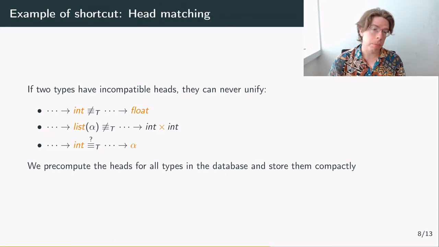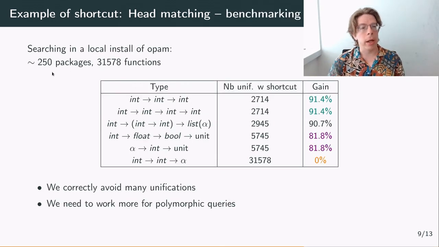And we can do so because if two heads are not compatible, then the types will never unify. So we can pre-compute the heads for all types and store them compactly in order to do this very efficiently. And if we do a search in a local installation of OPAM on my computer, so around 250 packages and 31,000 functions, we can see that we avoid making lots of unifications.